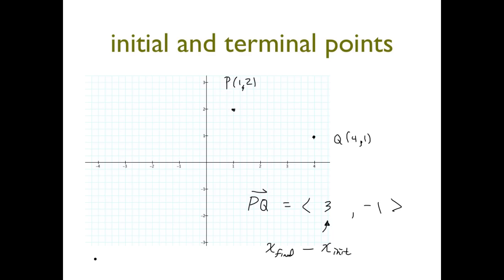So what would the vector QP be then? It's a different vector. So now our horizontal change is -3, vertical change is +1. So it's just going to be the opposite of these components, because the amount of change is in the other direction, and the same with the y.